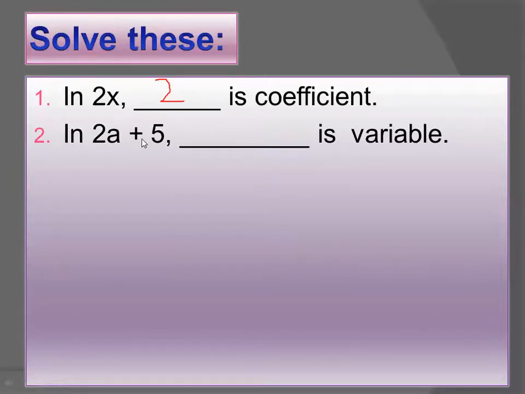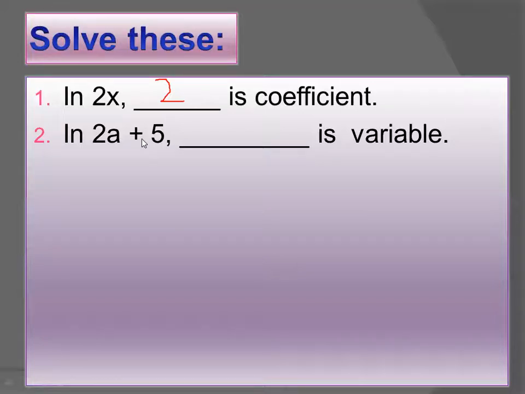In 2a plus 5, dash is variable. So what will be the variable here? Write it down in the chat box so that I can check your answers. Very good. Hamza and Joe, no, you are not right.